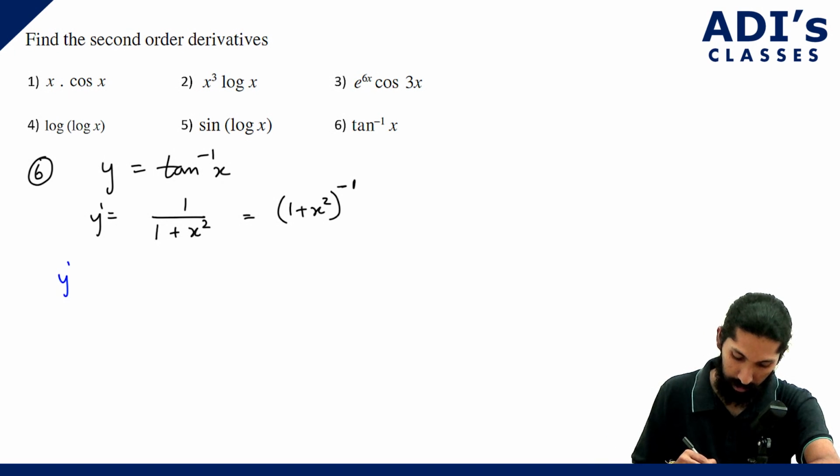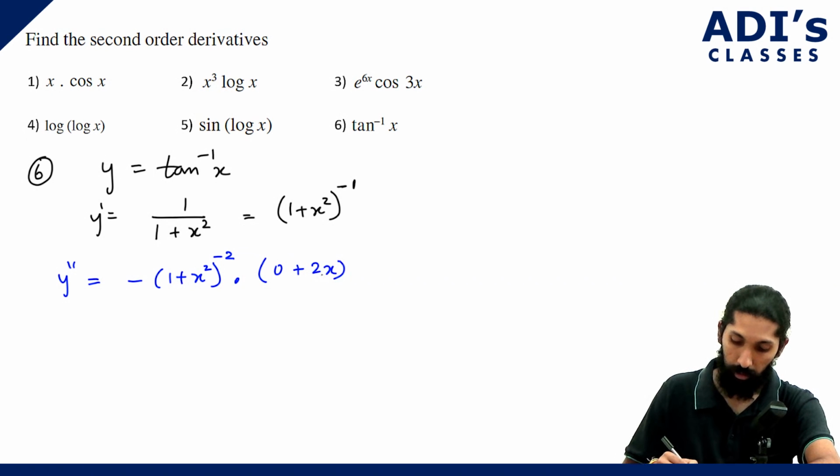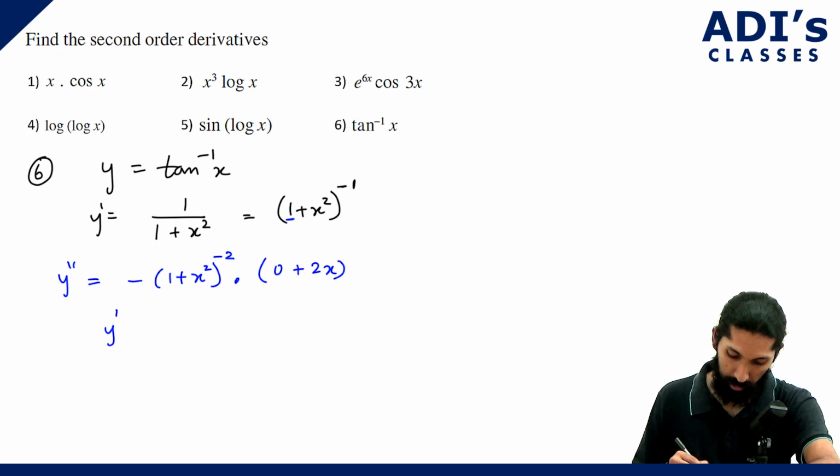So y double dash becomes minus of 1 plus x square whole power minus 2 into 0 plus 2x. Derivative of 1 is 0, right? Or in other words, you can say y double dash is minus 2x by 1 plus x square whole square.